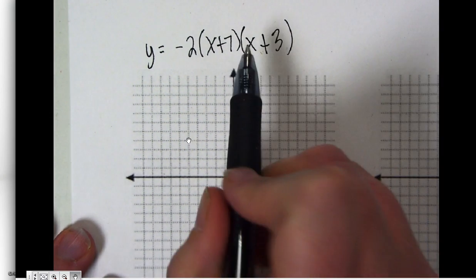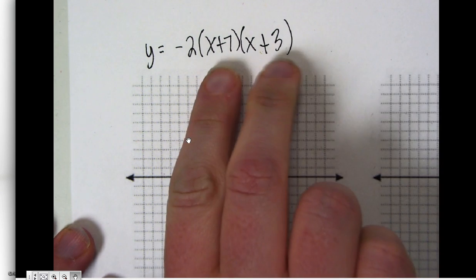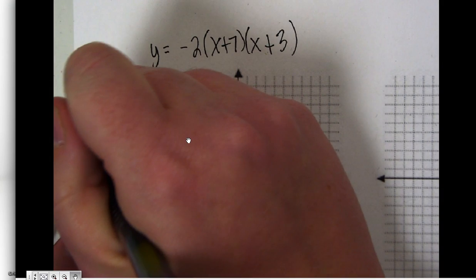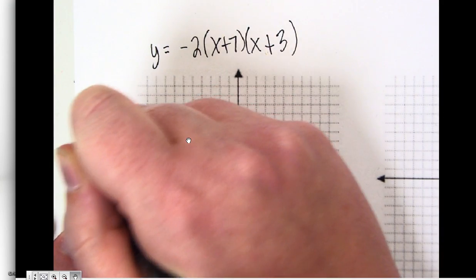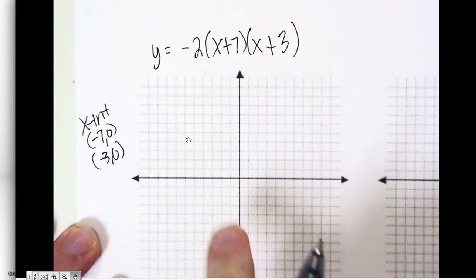All right. What we're going to do is find the intercepts first. So the intercepts are the solutions to your factors. So the x-intercepts in this case are (-7, 0) and (-3, 0). You can plot those on our graph.